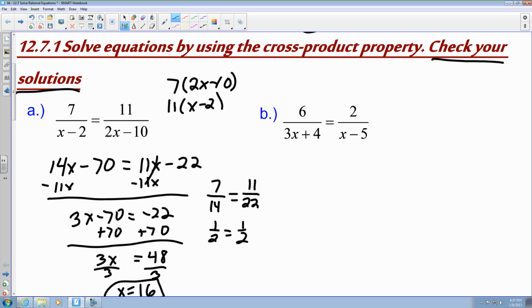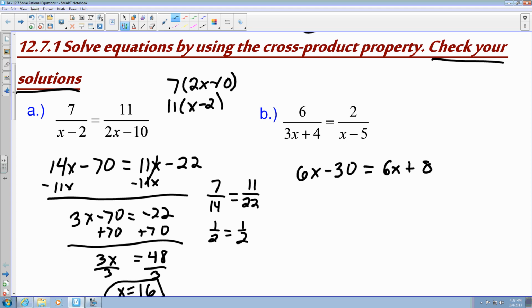Looking at example B, we're going to do the exact same thing. We have 6 times the quantity x minus 5, so I have 6x minus 30 equals 2 times the quantity 3x plus 4, so I got 6x plus 8.